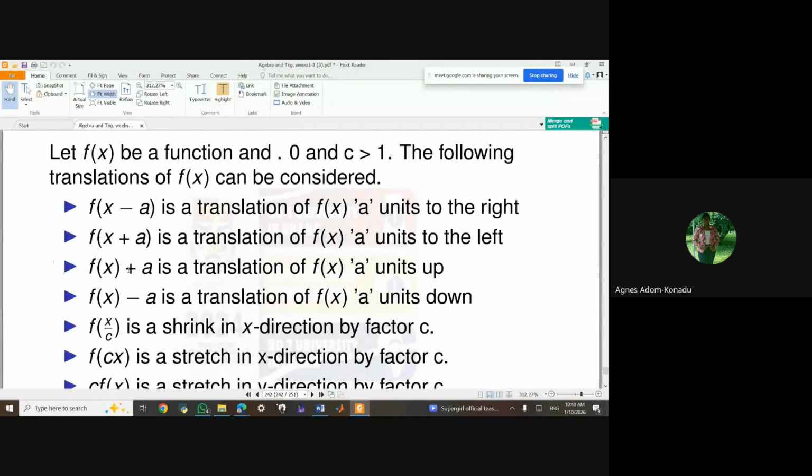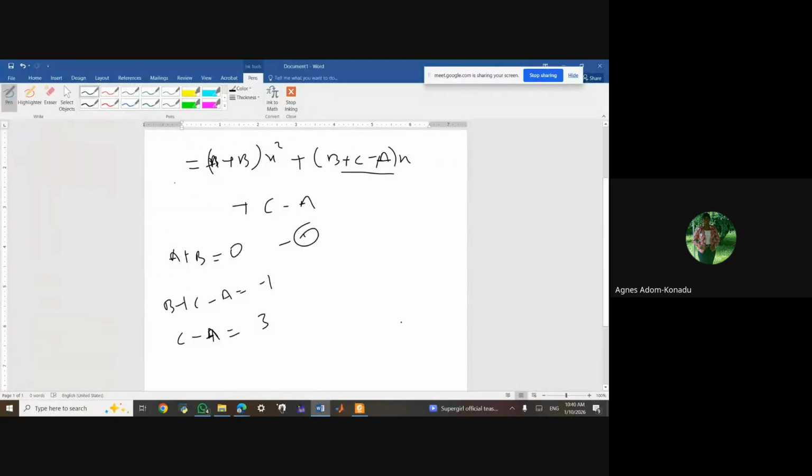Now, if I have f of x, the function itself, plus a, this is a units up. The function itself minus a is a units down.